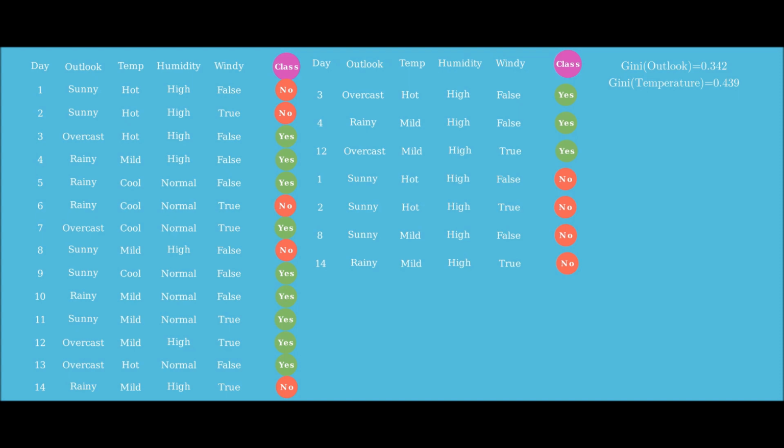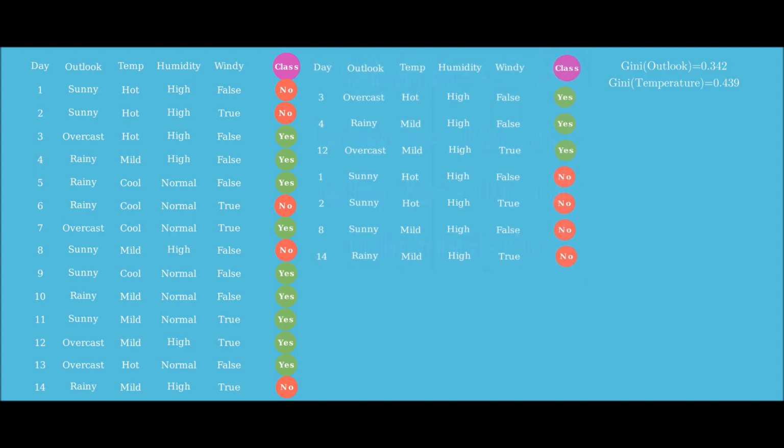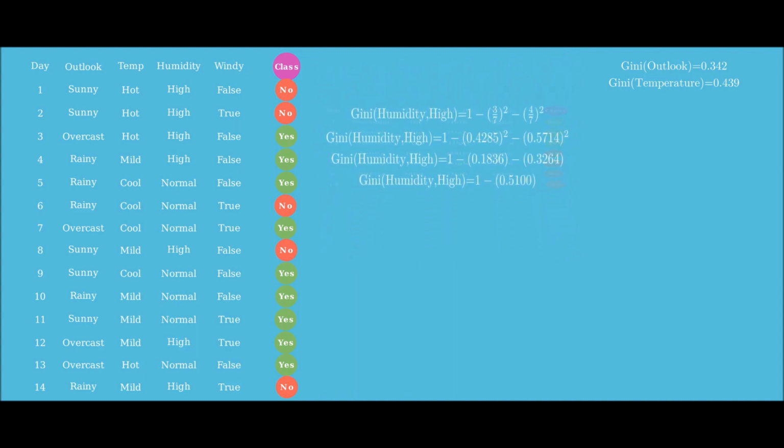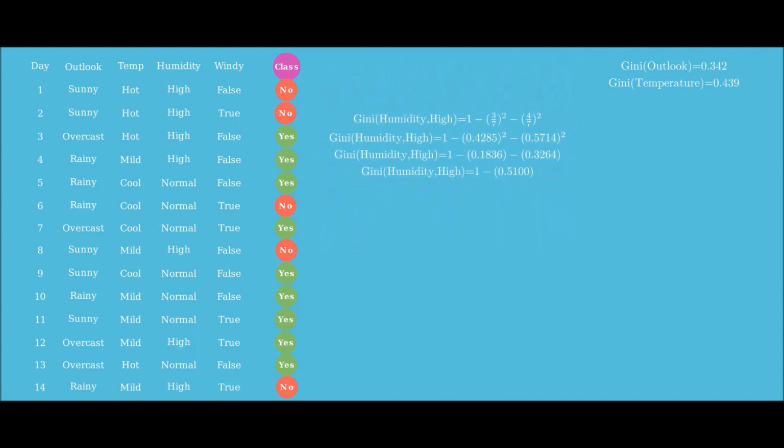You can see that 3 classes are of type yes and 4 classes are of type no. So Gini index would be calculated as 1 minus 3 upon 7 squared minus 4 upon 7 squared, and finally that would be equal to 0.90.